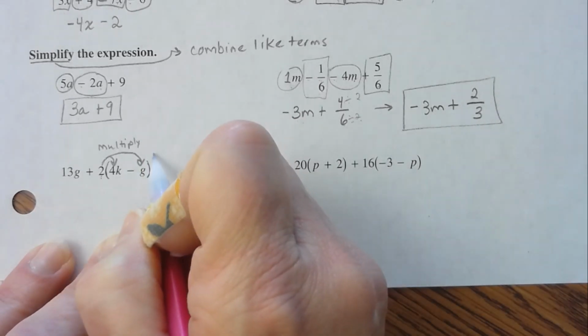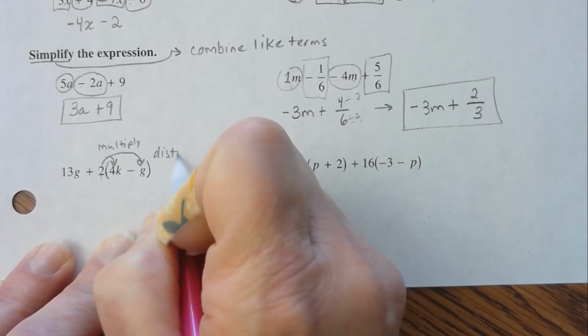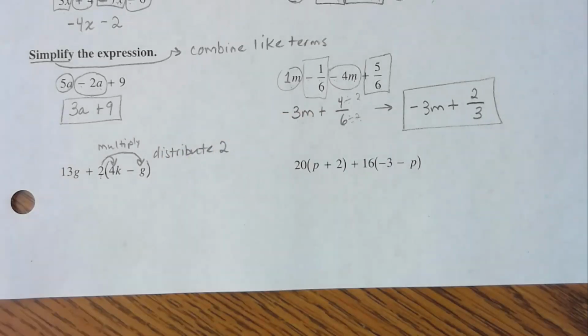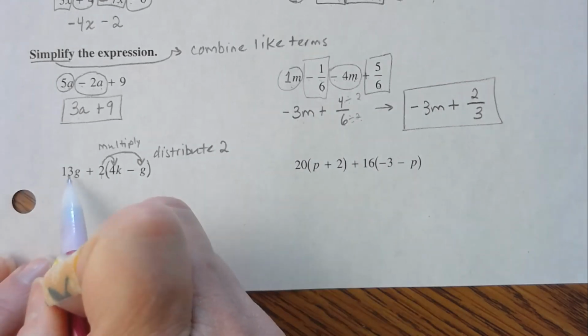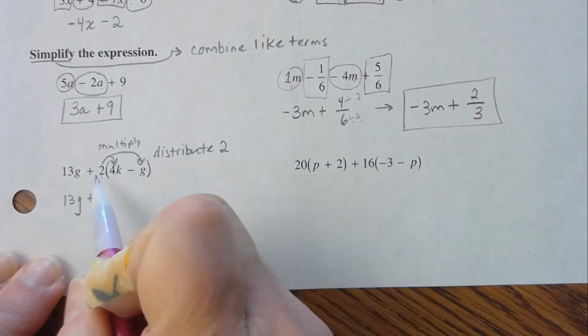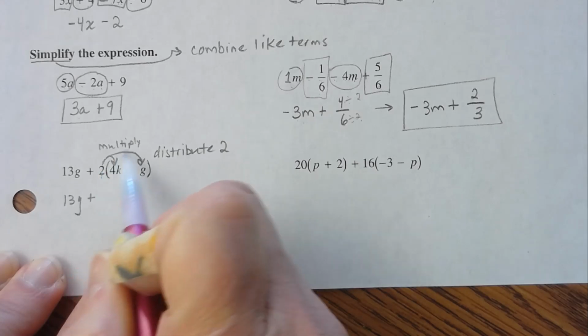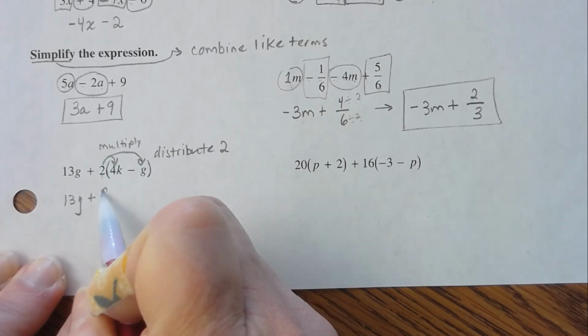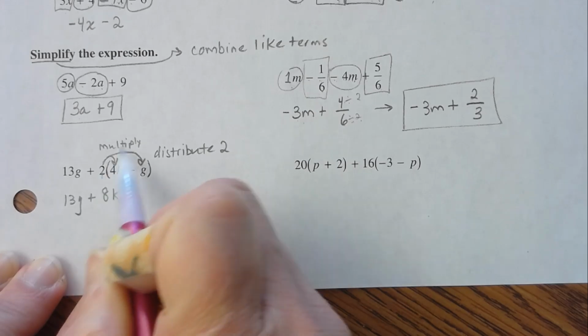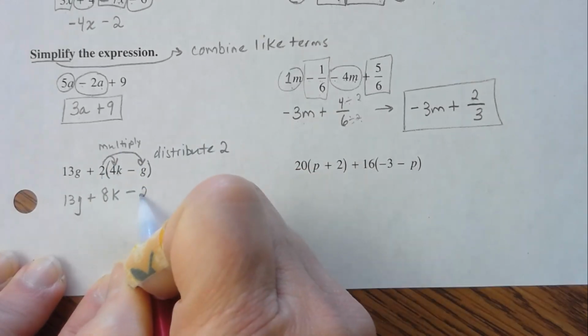We're going to distribute 2 by multiplying. So keep 13g and then multiply these by 2. 2 times 4 is 8. Keep the k. Minus 2 times g is 2g.